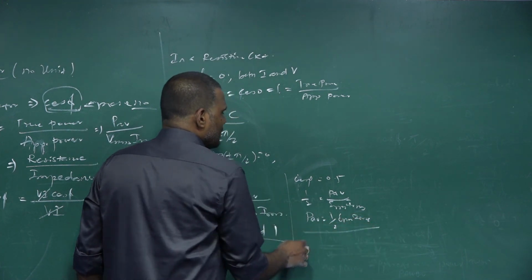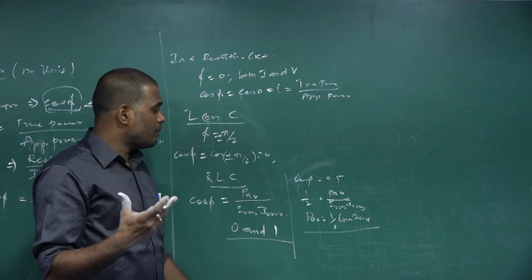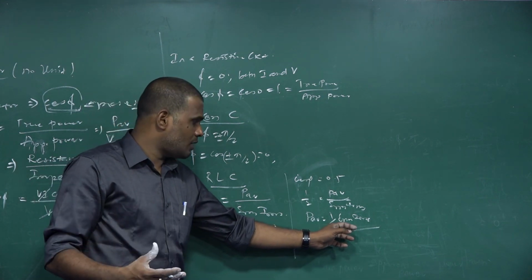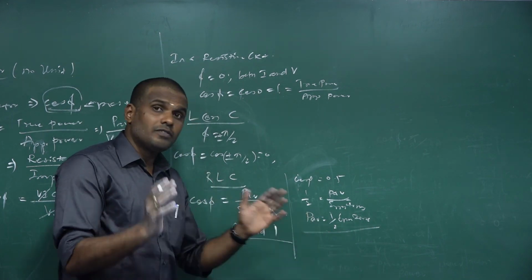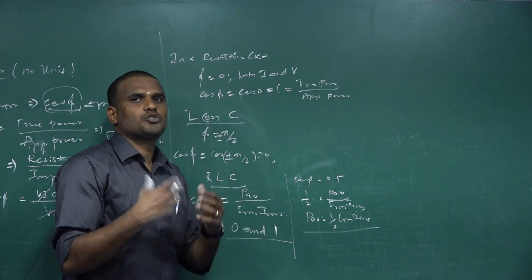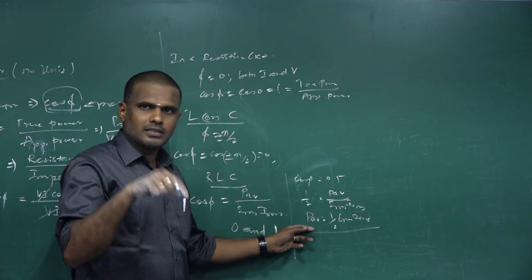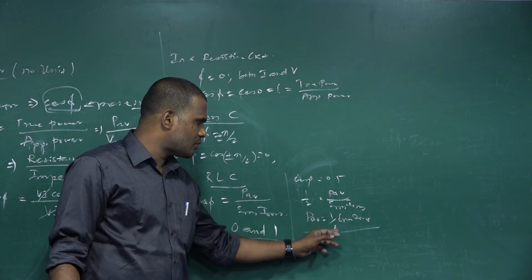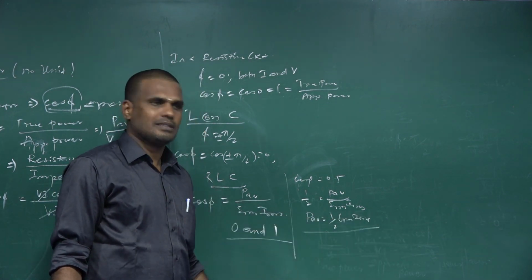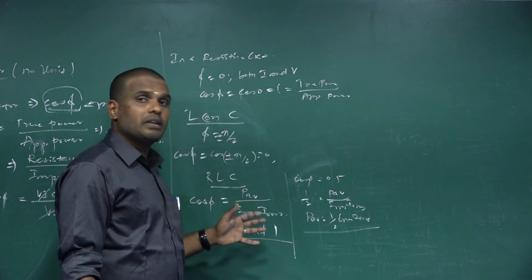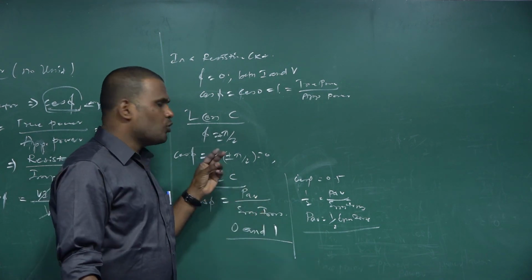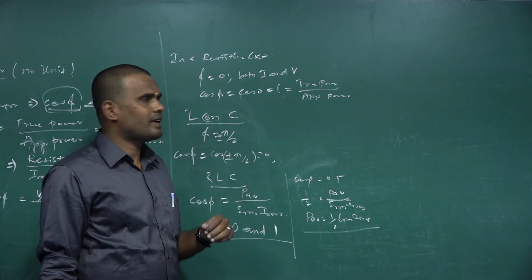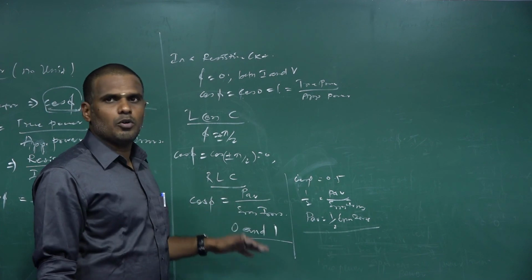What does this mean? The power provided by the source is ERMS IRMS, and of that power, half is utilized as true power or useful power by the circuit, which is expressed as P average equals half of ERMS IRMS. That's the meaning. So it all depends upon the value of power factor. Power factor decides the amount of power consumed by the circuits, right? That's all about the power factor.